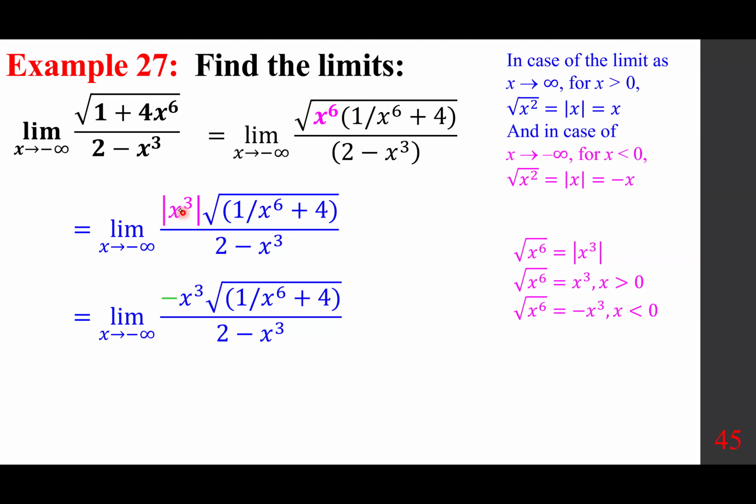So now, of course, it's not a rational expression, as I mentioned. However, you can divide everything by x cubed. Why x cubed? This is the highest degree term in the denominator, everybody.